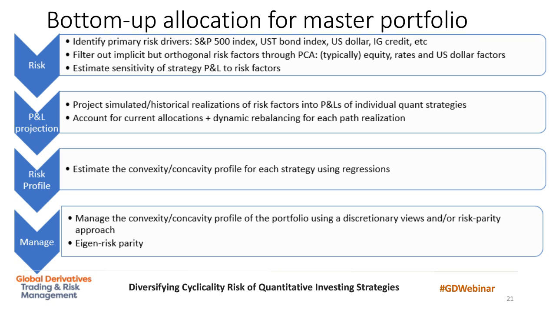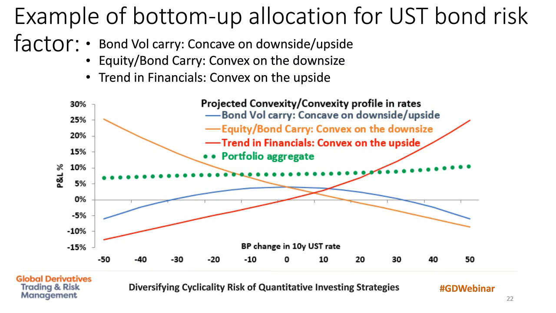So we have some risk factors. We try to simulate market scenarios, project the P&L of the strategies, and see what the convexity-concavity profile is. Using this example is the best way to explain. Here we have three strategies again. Say I'm running a strategy on fixed income where I sell some volatility.